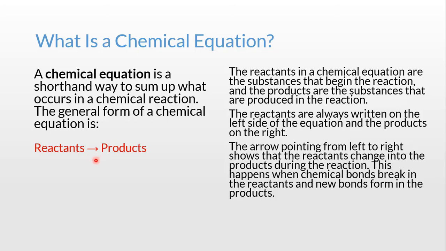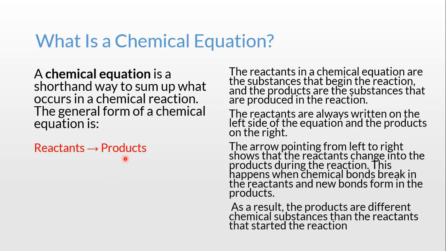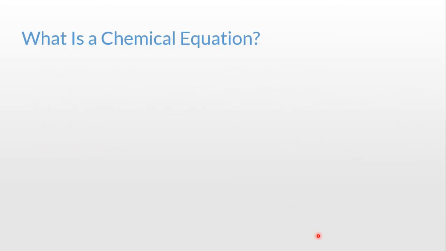This happens when the chemical bonds break in the reactants and new bonds form in the products. As a result, the products are different chemical substances from the reactants that started the reaction.